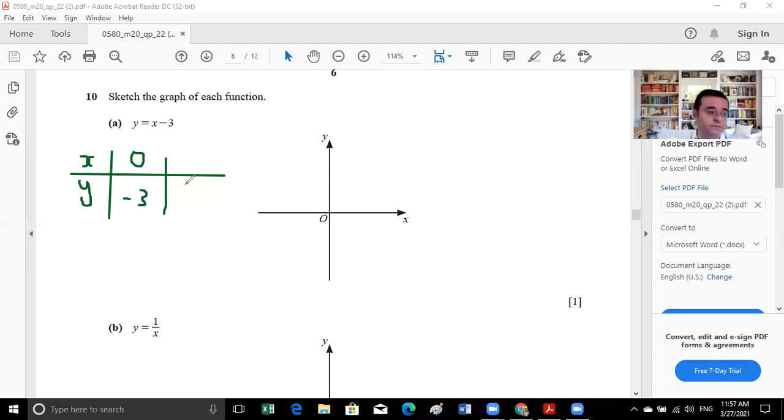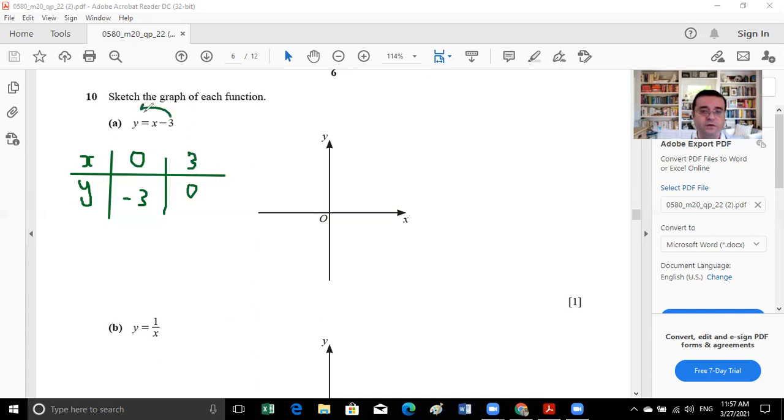Y equals -3. Why? If x equals 0, what do you get left? Y equals -3, correct? Substitute: y equals 0 minus 3 becomes -3. When y equals 0, x equals what?